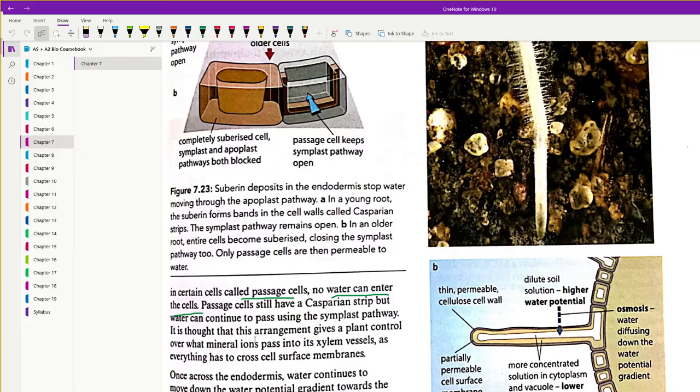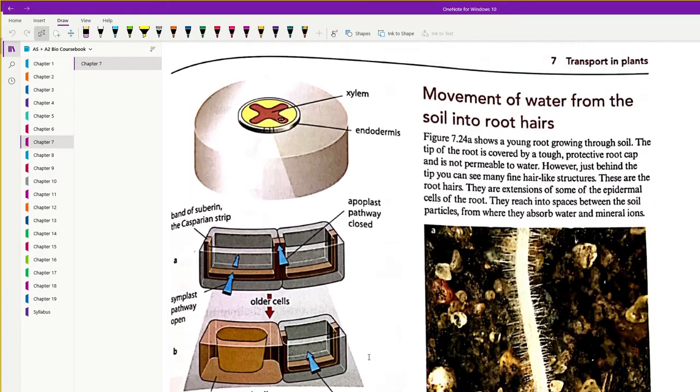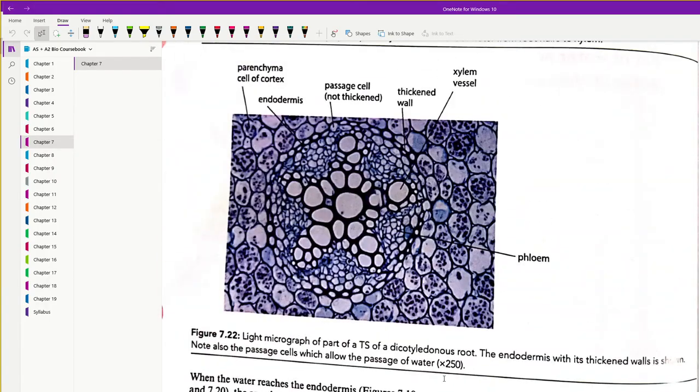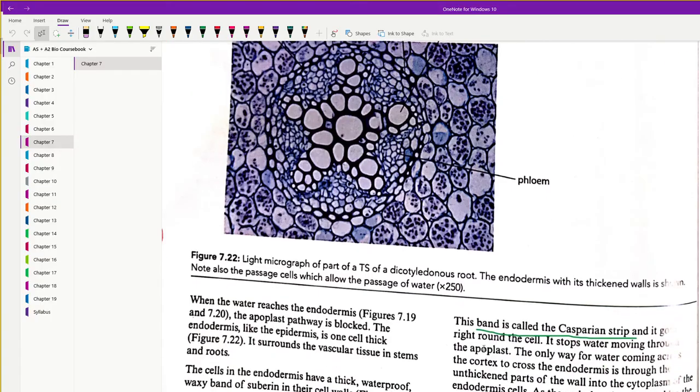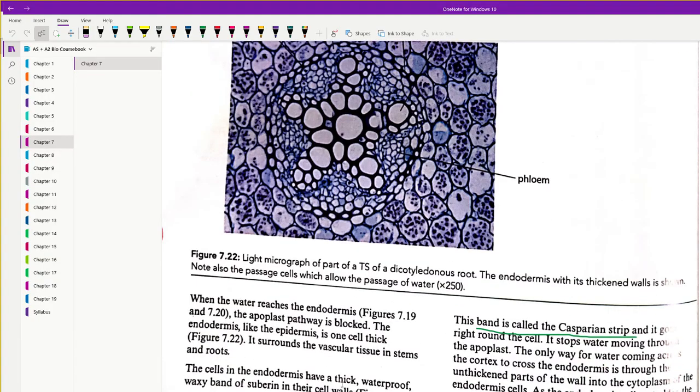Only the symplast remains open. This band is called the Casparian strip and goes right around the cell. It stops water through the apoplast.